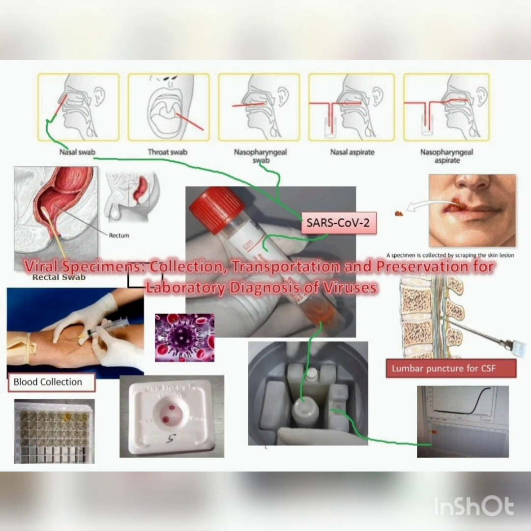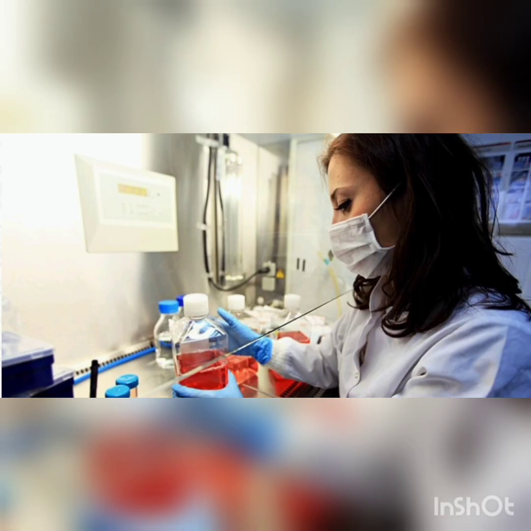Next, let us discuss handling of a specimen in the laboratory. So you have collected the specimen and sent it to the laboratory. After reaching the laboratory, lab technicians and microbiologists are very busy with their work, and it is not always possible to inoculate the specimen then and there when it reaches the laboratory.